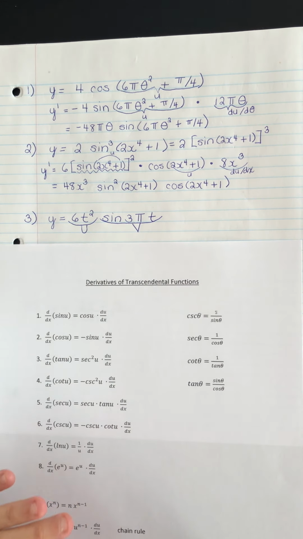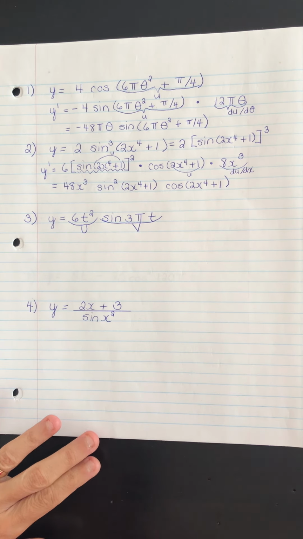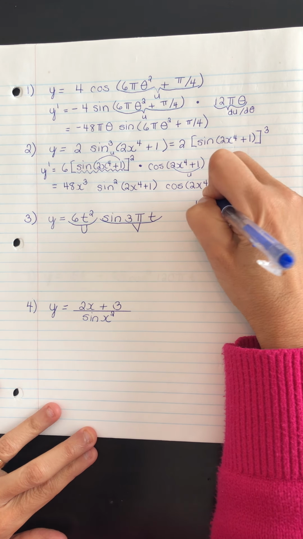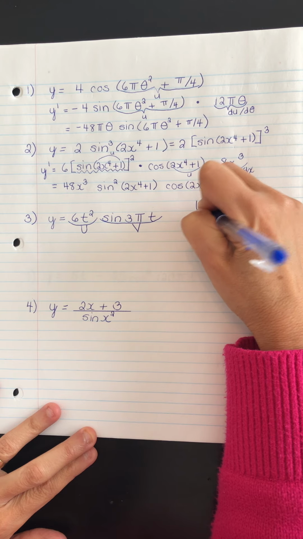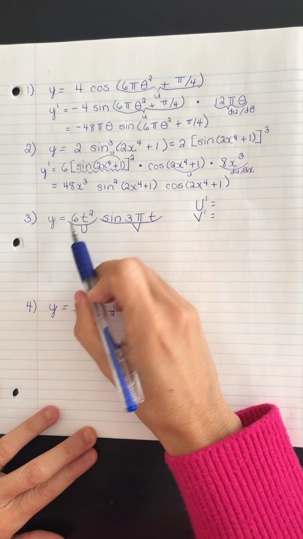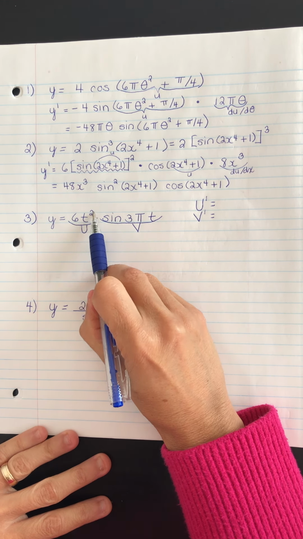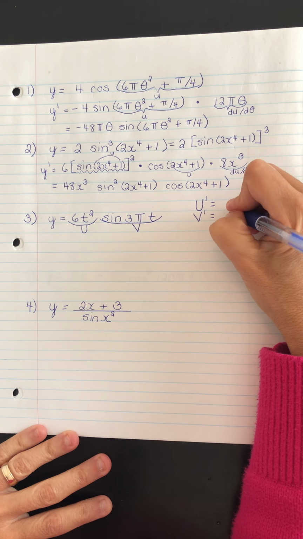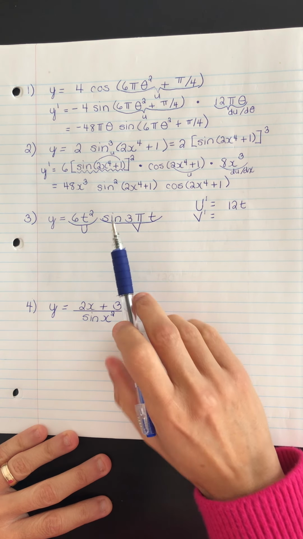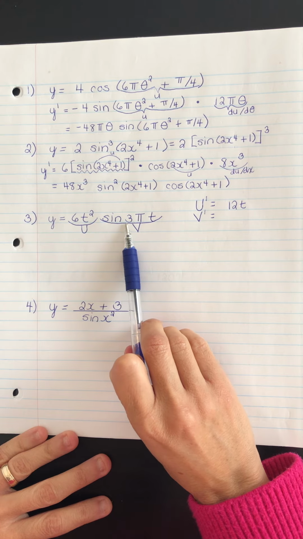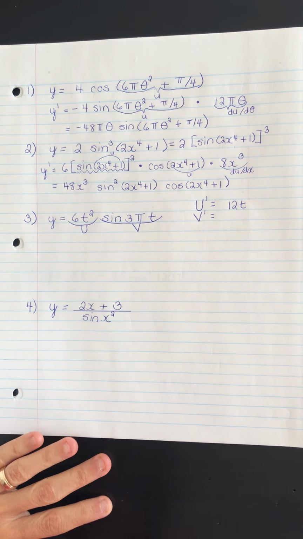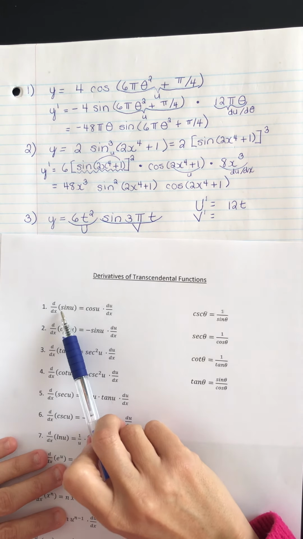All right, so let's work out first what we're going to use for u prime and what we're going to use for v prime. So u prime is the derivative of 6t squared, so that will just be 12t. Now, what will we use for the derivative of sine of 3 pi t? Well, its derivative will have two parts.